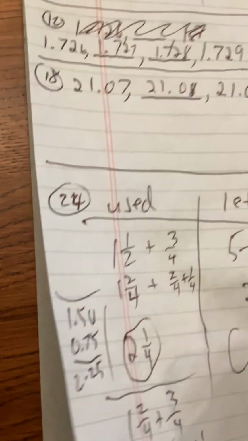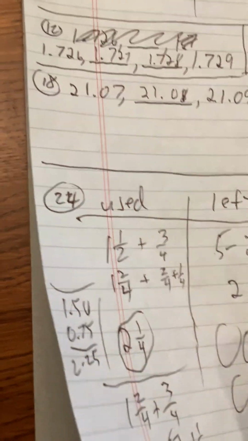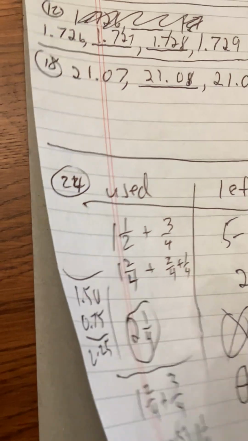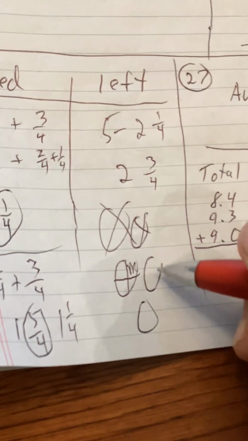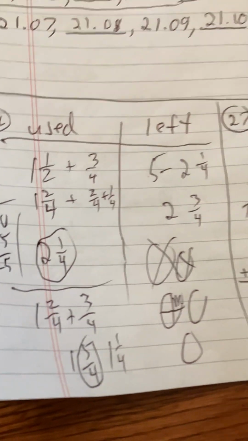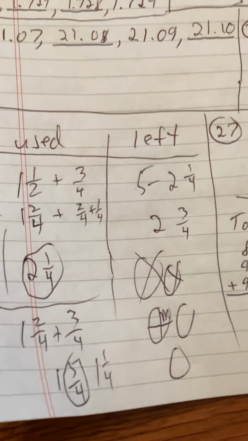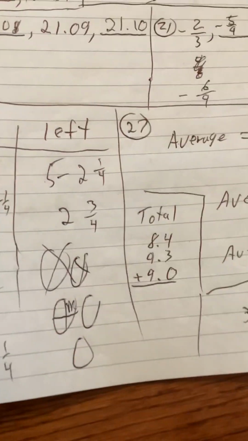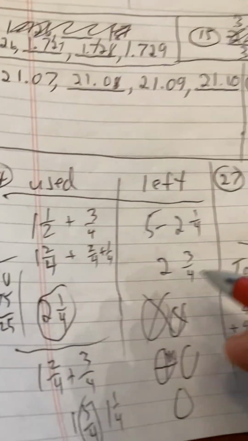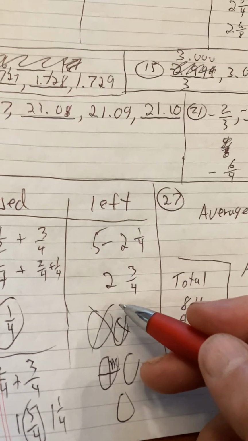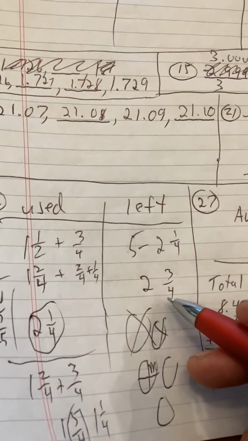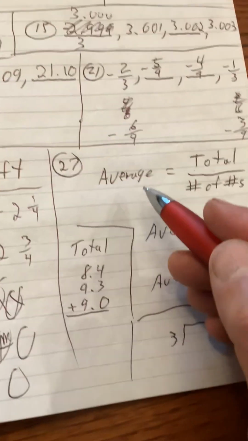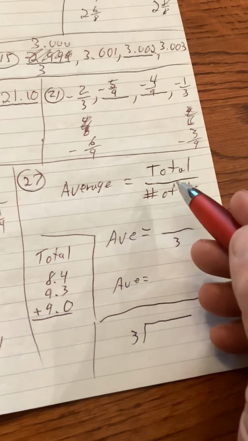Here, I could draw a picture. Here's 5, and I'm taking away 2 1/4. Don't I end up with 2 3/4 left? Or if it was money, 2.75. Anyway, that's how much is left. I'm not going to bother writing the cents, but you should write the cents. 2 3/4 cups left.